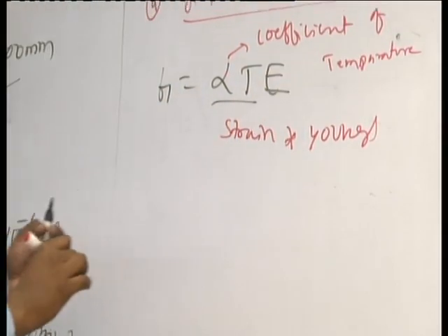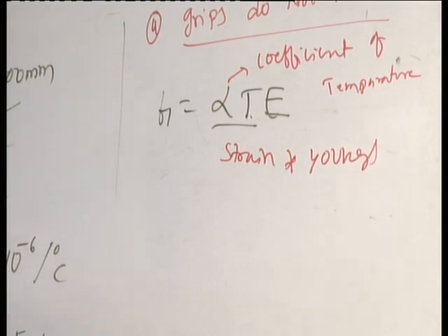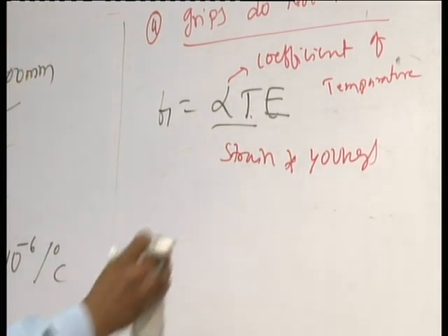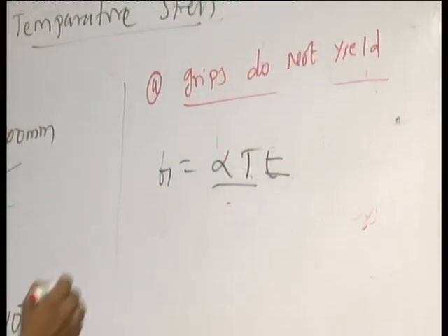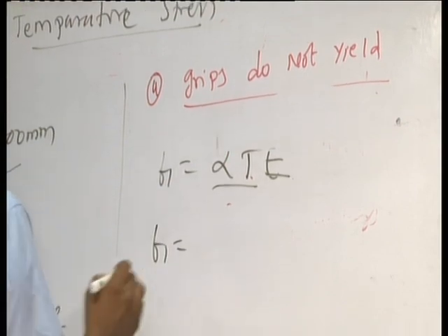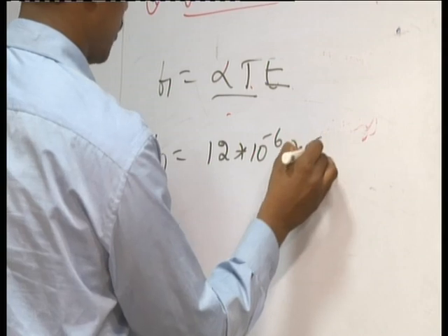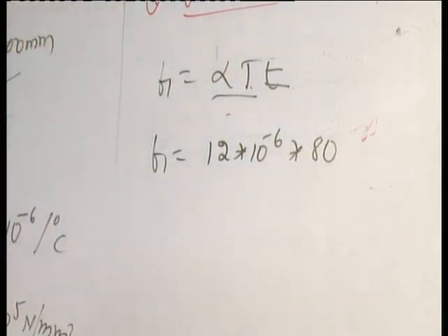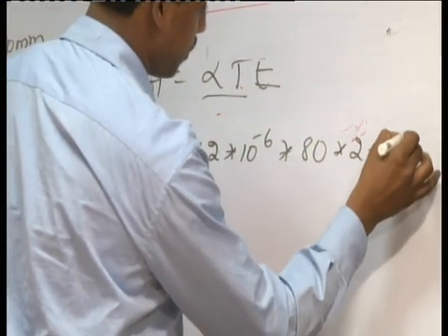Alpha T is the coefficient of temperature expansion, T is the difference in temperature, and E is the Young's modulus. If you substitute these values, we will get the stress, which is the temperature stress. So F1 is equal to alpha as 12 into 10 to the power of minus 6, into temperature 80, into 2 into 10 to the power of 5.